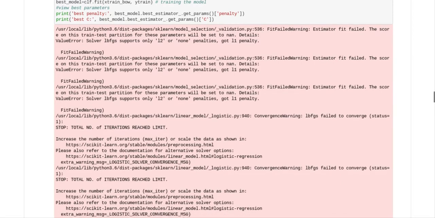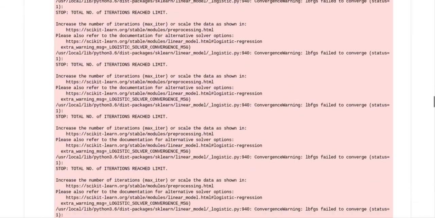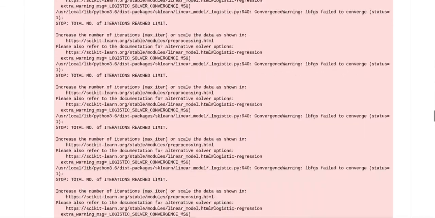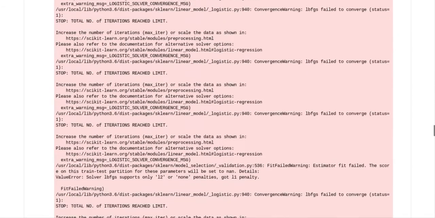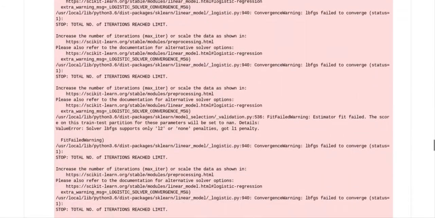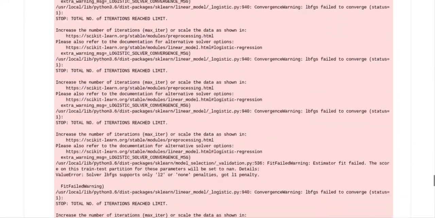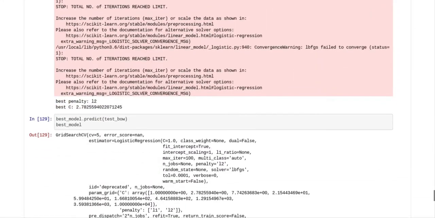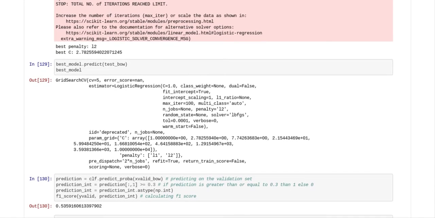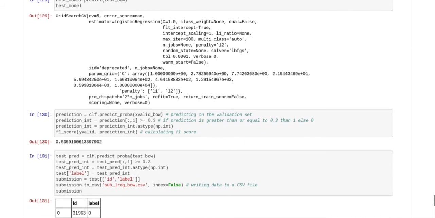And then we printed some things, but then we got a bunch of warnings. A lot of warnings. But we did actually get our best penalty and our best C. So then what we did was we predicted with the best model. So you can see the prediction of the best model.